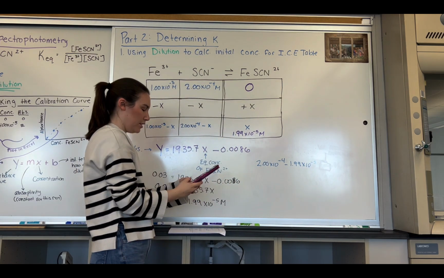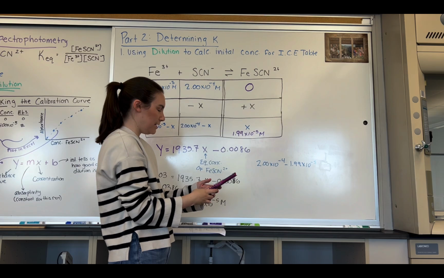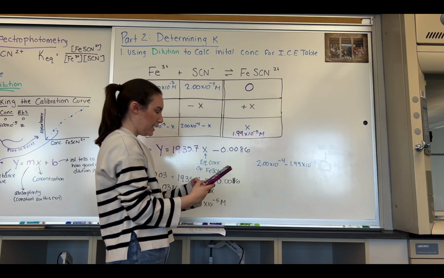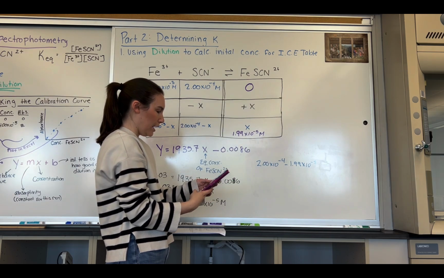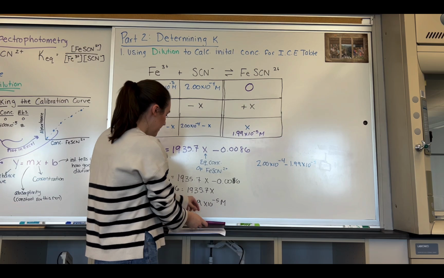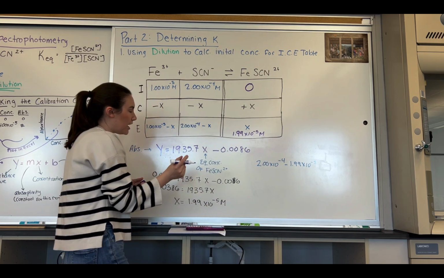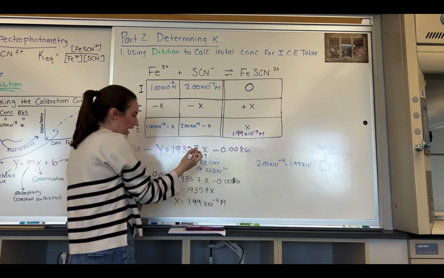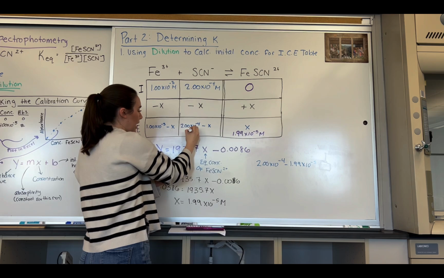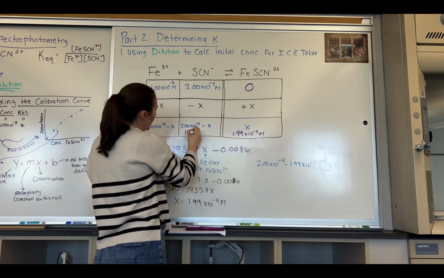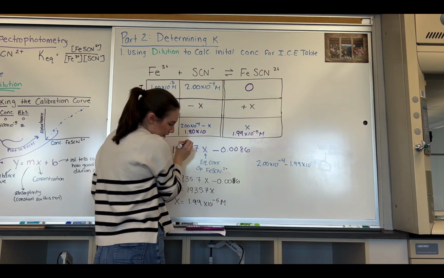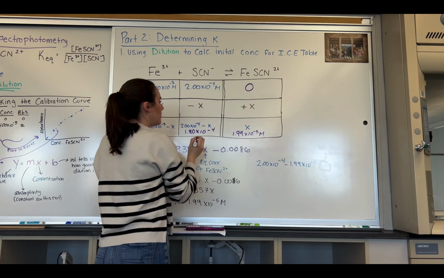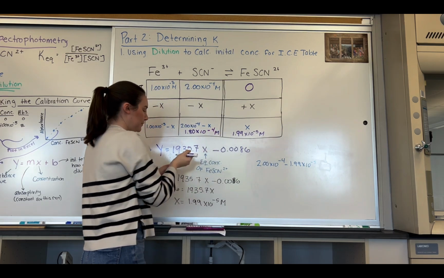So let's do that. 2.00 times 10 to the minus 4 minus 1.99 times 10 to the minus 5. And I get an equilibrium concentration for my thiocyanate as 1.80 times 10 to the minus 4 molar.